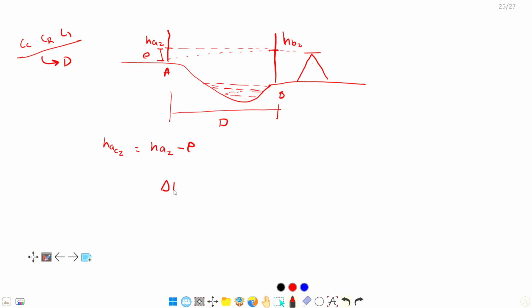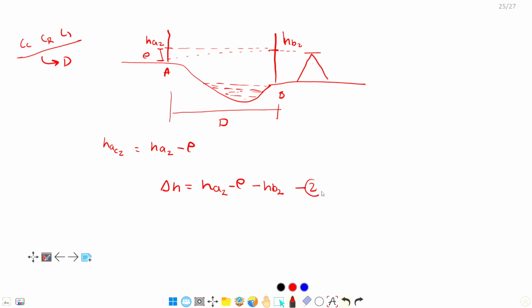So our change in height, or height difference, will be (HA2 minus E) minus HB2.